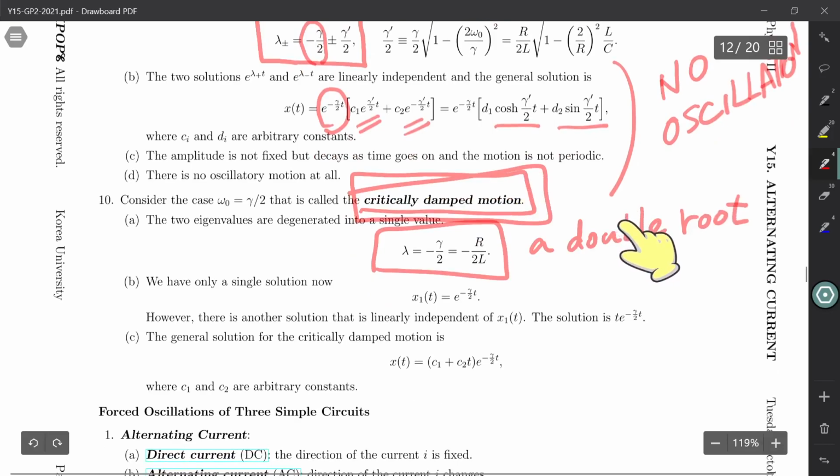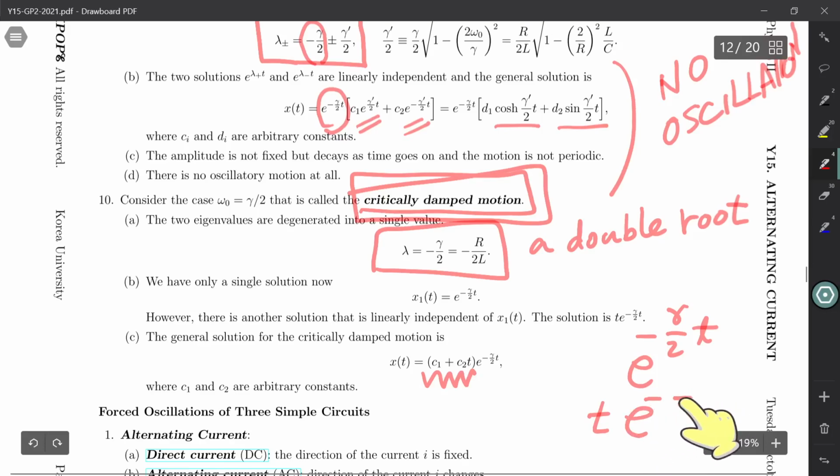In case of critically damped motion, it has additional factor. This one and t. There are two linearly independent solutions for the double root case.